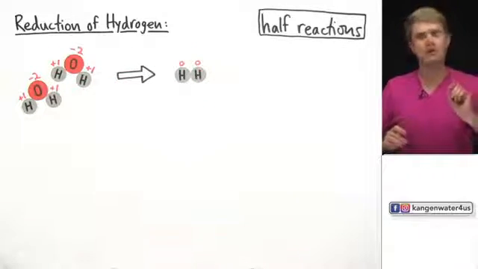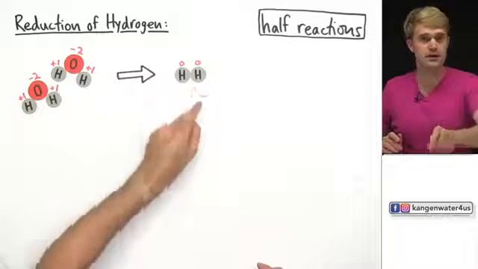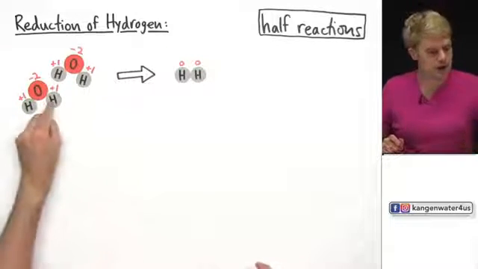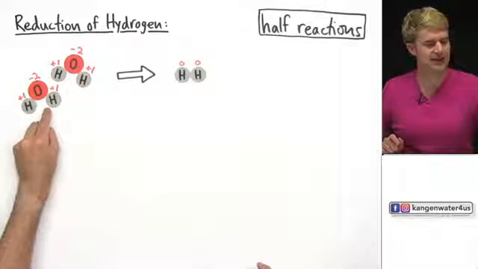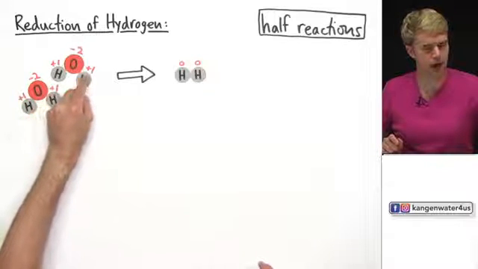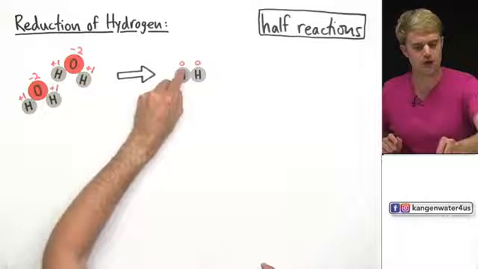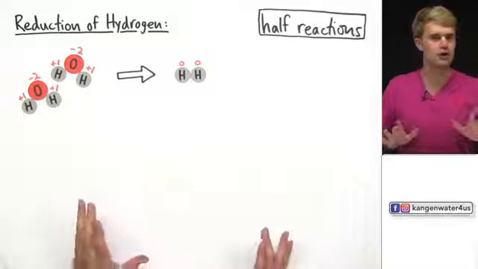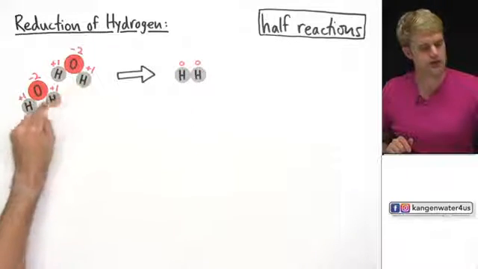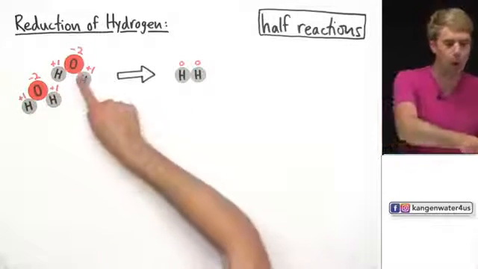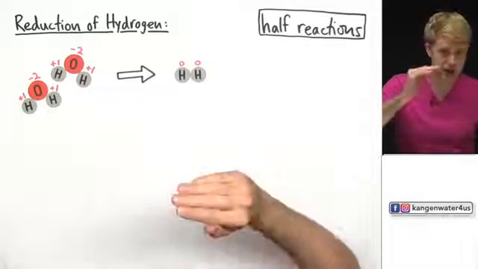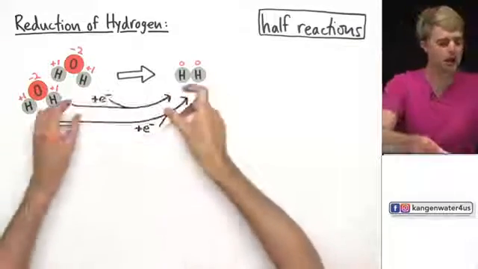Now what has to happen with the electrons for this to take place? Well, each of the hydrogens over here has an oxidation number of +1, but then they have an oxidation number of 0 over here. So that means that each of these hydrogens has to gain 1 electron so that its oxidation number can be bumped down by 1.